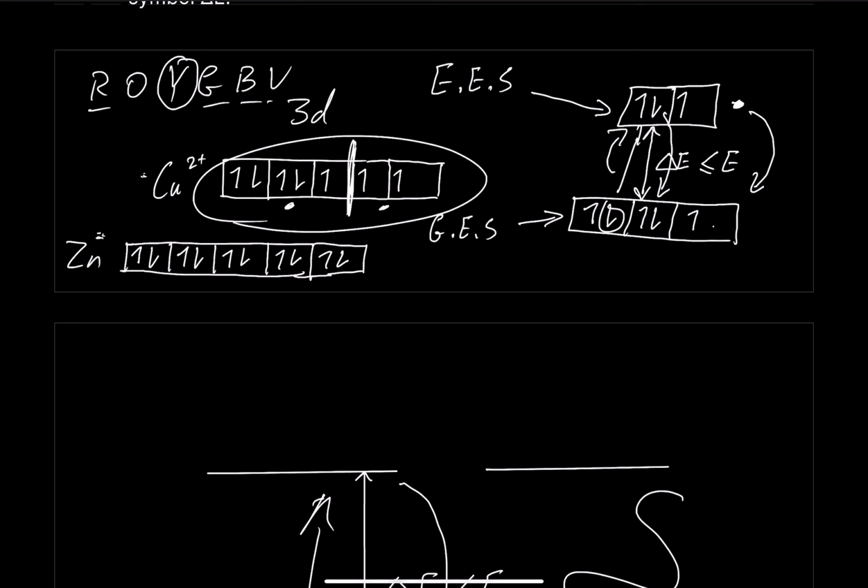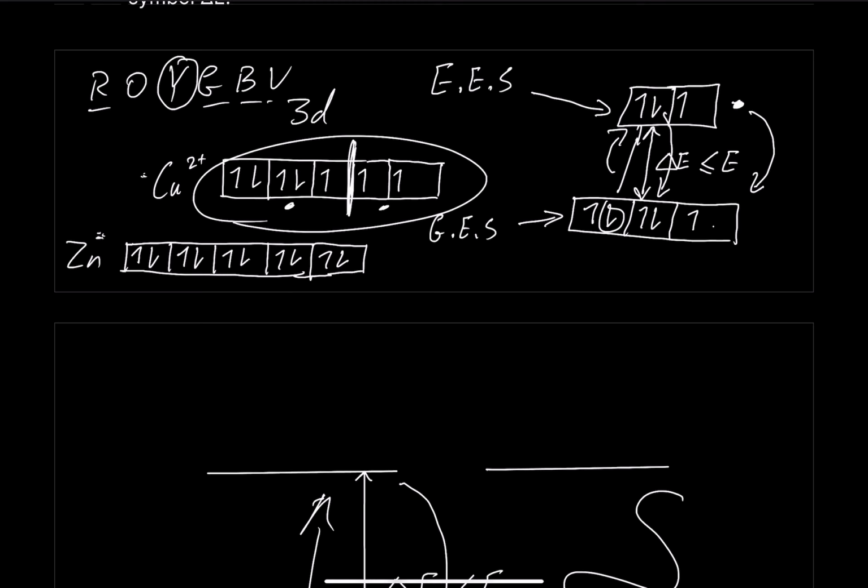For copper 2+, we're saying that the electrons are getting excited. The d orbital is getting split, and once this orbital splits, we're forming a higher energy orbital and a lower energy orbital, and that forms an energy gap, right?